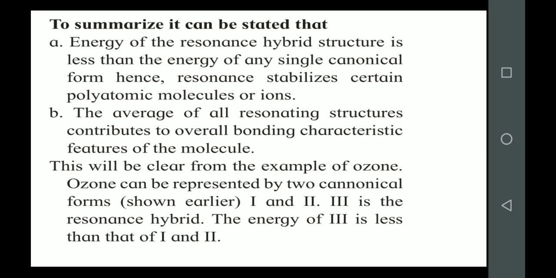The average of all those resonating structures will contribute to the overall bonding and describe the overall bonding characteristics of those molecules. For example, just now we have seen the example of ozone. It can be shown by two canonical forms, 1 and 2, but the third is the resonance hybrid, and the energy of that third is less than that of 1 and 2, and that energy difference is known as resonance energy.